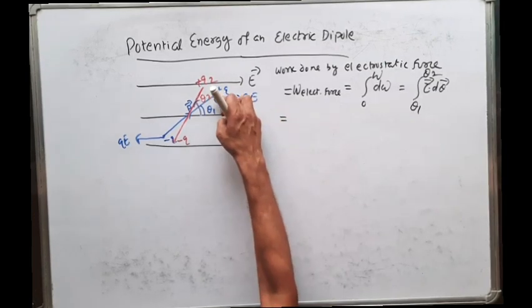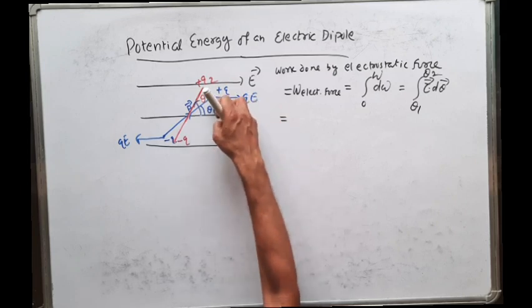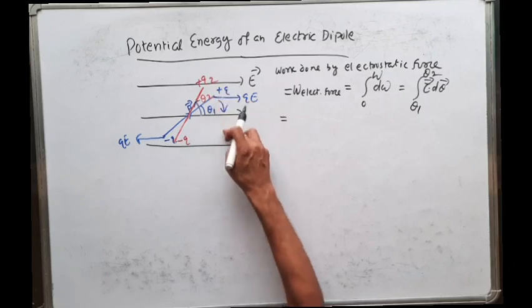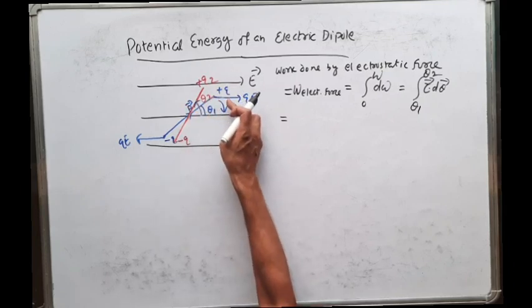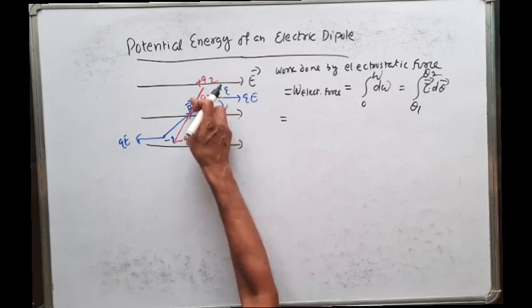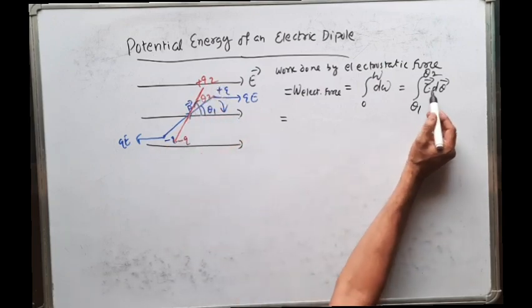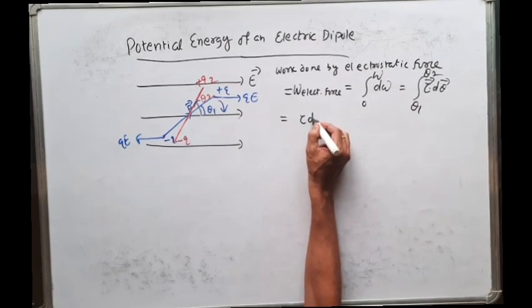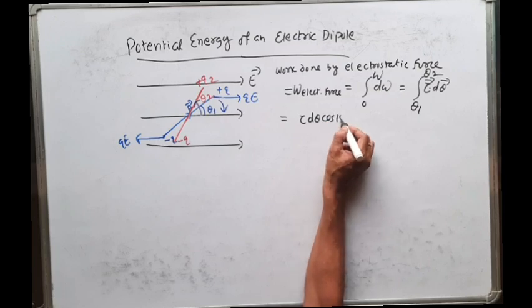Here the electrostatic force corresponds to the torque. The torque due to the dipole is in clockwise direction, rotation is in anti-clockwise direction. So theta and torque are opposite. So here you have to take tau d theta cos 180.